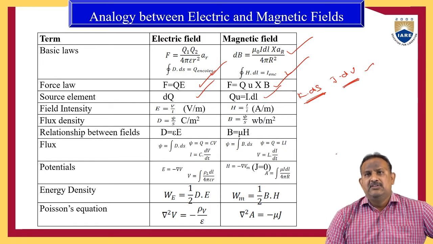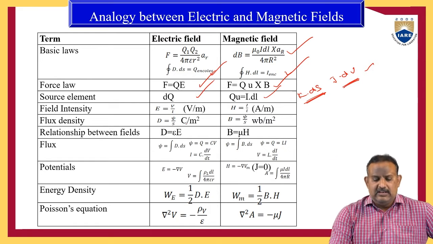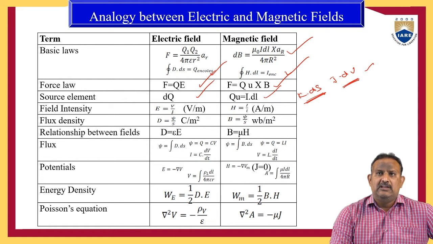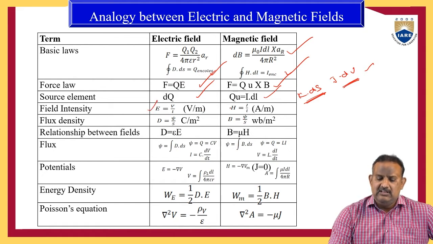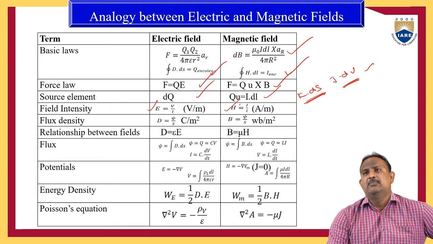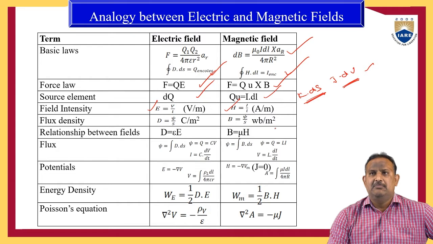Next parameter is field intensity. Here the electric field intensity E is equal to V by L, so the units are volts per meter. Similarly, the magnetic field intensity H is equal to I by L, amperes per meter.